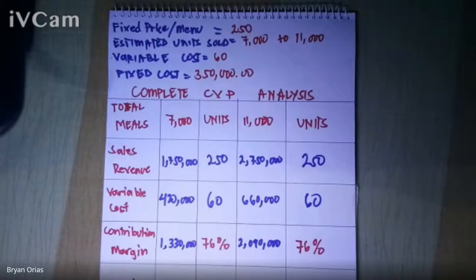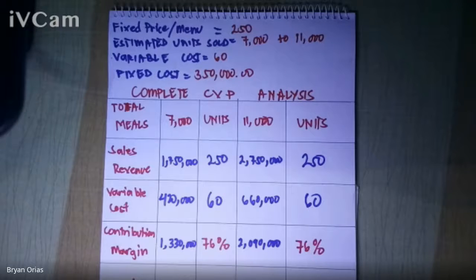Then they have estimated units sold between 7,000 to 11,000 units. Ibig sabihin, sa loob ng isang linggo or sa loob ng isang buwan, kung ano man yung gagamitin nilang basis, nakabenta sila ng 7,000 hanggang 11,000. This is just estimation.